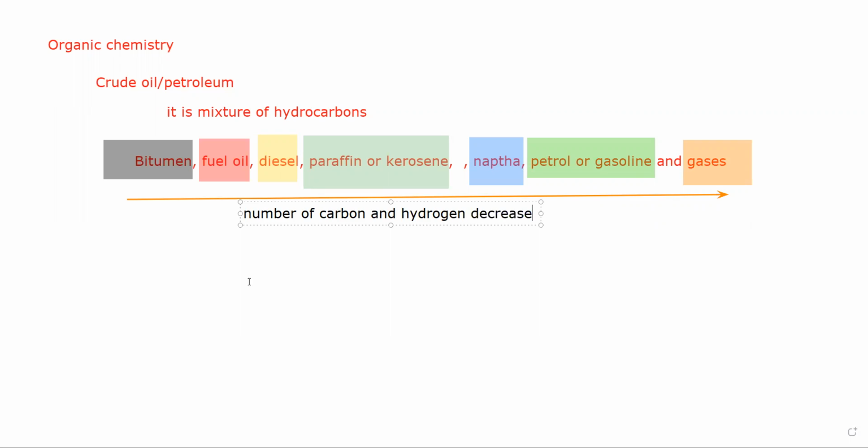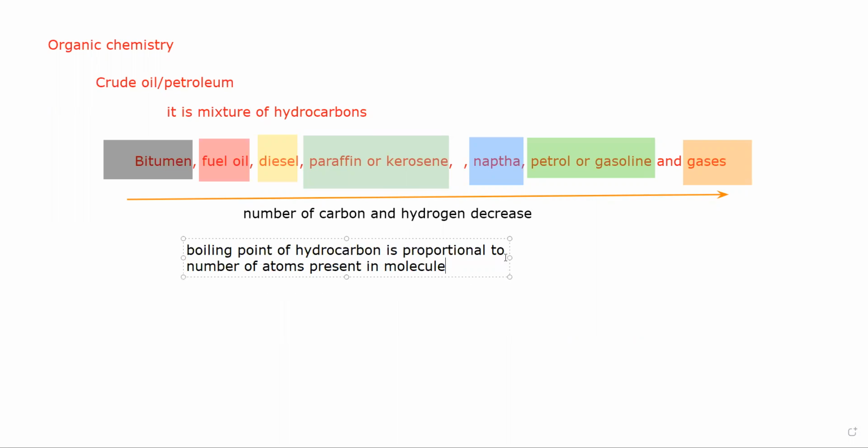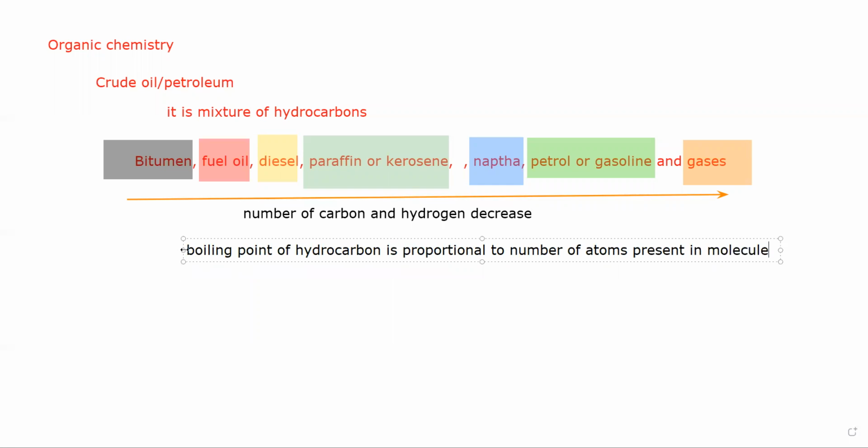The boiling point of a hydrocarbon is proportional to the number of carbon atoms present in the molecule. So the number of atoms present in the molecule will affect the boiling point.